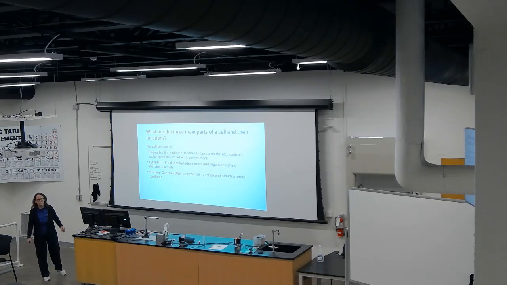So our cells are made of an external structure that surrounds the cells called the plasma membrane. And we're talking about animal cells. The function of this plasma membrane is to isolate and protect the cell from the external environment, and it also allows molecules to come in and out. So it controls exchange of molecules with the environment.